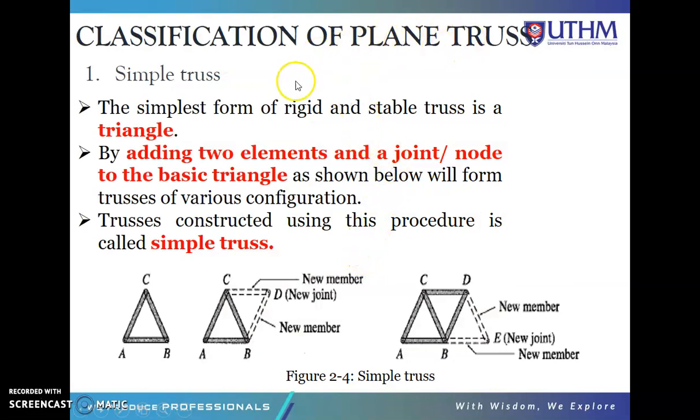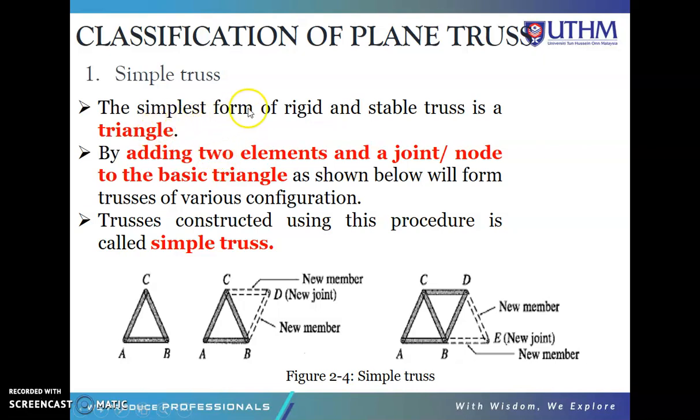Classification of plane trusses. There are a few ways we classify the truss. A simple truss, which is the simplest form of rigid and stable truss, is a triangle. Kalau empat segi itu tidaklah stable.